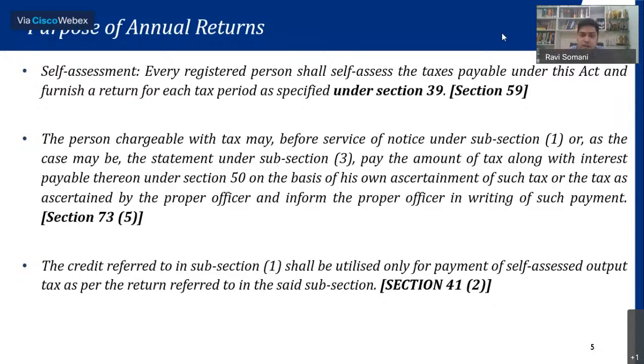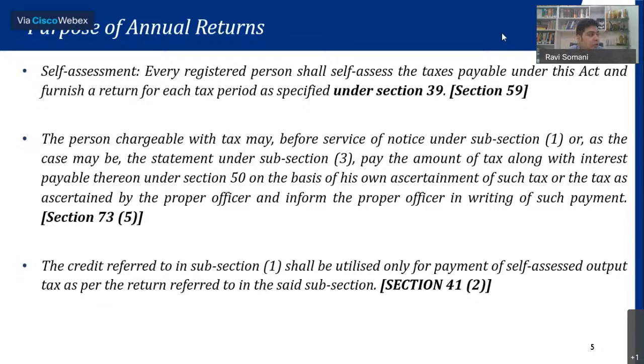Now here it says return under Section 39. Mind you, return under Section 39 is GSTR 3 or GSTR 3B with the latest amendment that has happened. But the GSTR 9 annual return which has been filed is a return under Section 44. It is not a return under Section 39.